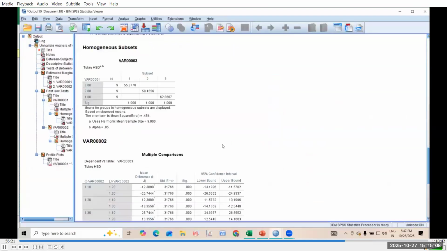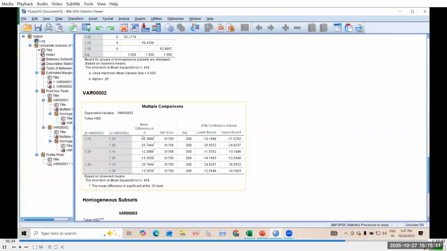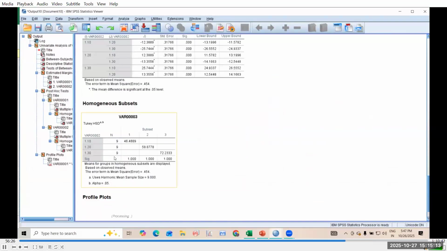Then we go for variable 2, this is the variable 2 post hoc test. Here you can see that 1.1 is sample 1, 1.2 is sample 2, and 1.3 is sample 3. As I said, sample 1, sample A has the least significant difference from the others, while sample B has a slightly higher significant difference from the other two.